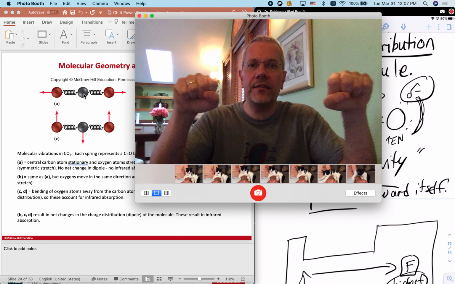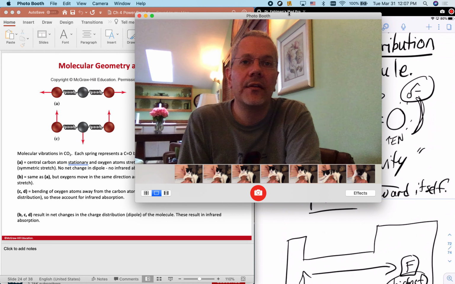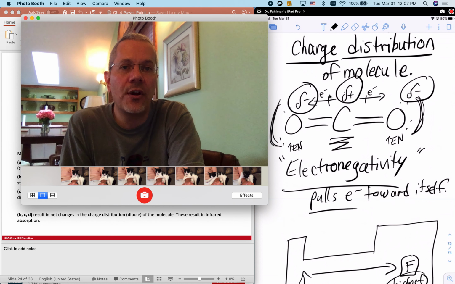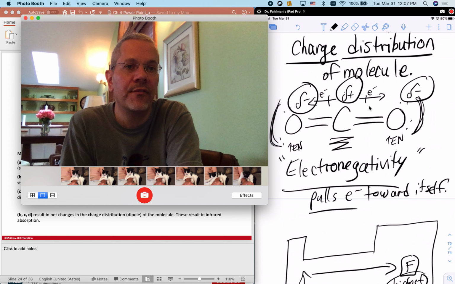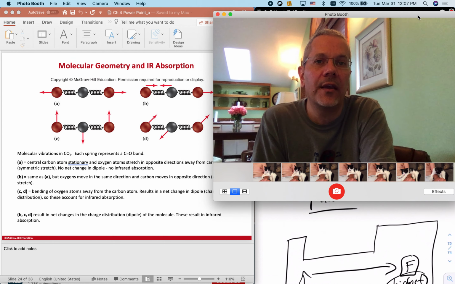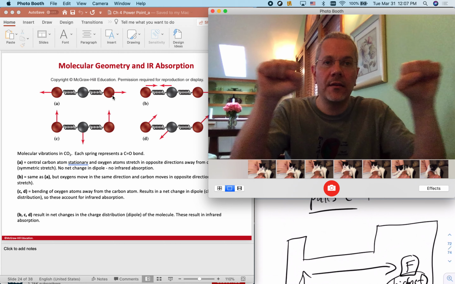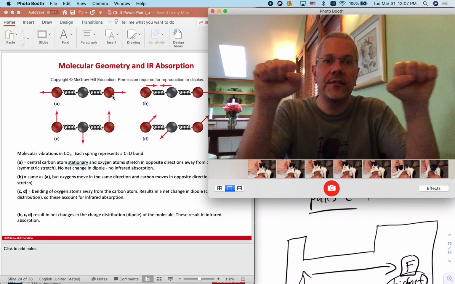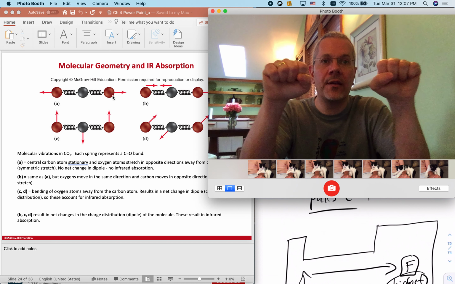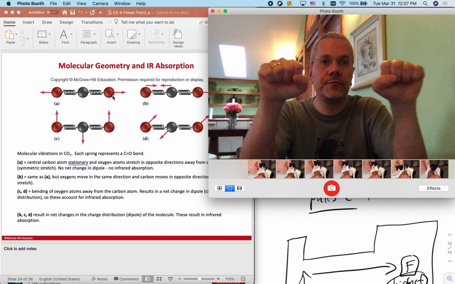And so this will not change the charge distribution of the molecule, right? So you're still going to have the negative ends there and the positive in the middle. And so as a result, this symmetric stretching will not result in absorbing infrared radiation.